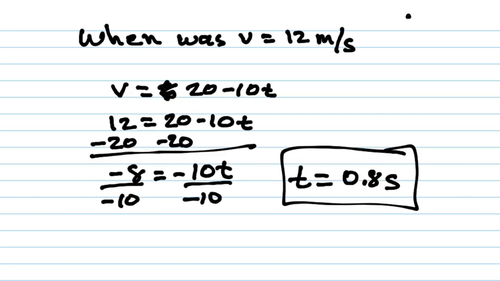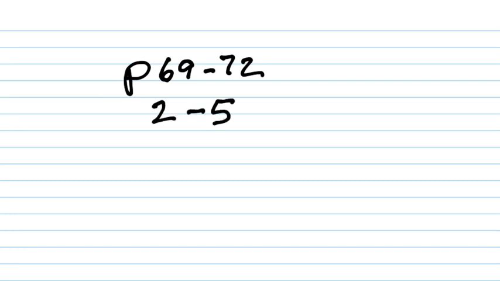I don't see any reason why you can't bang these out before then. Give it a shot. It's the best you can do. So that's on page 69 through 72. Numbers 2 through 5.